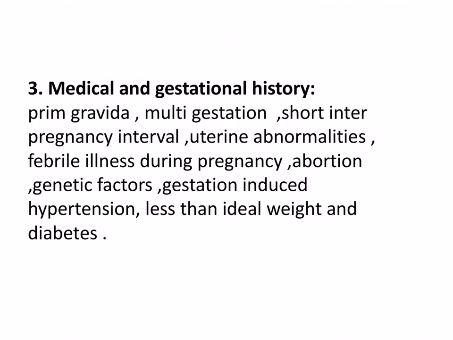This includes all factors related to the state of gestation, like primigravida, multigestation or multigravida, short inter-pregnancy interval, uterine abnormalities, febrile illness during pregnancy, abortion, genetic factors, gestation-induced hypertension, less than ideal weight, and lastly diabetes in pregnancy. All these relate to the medical and gestational history of a pregnant woman.